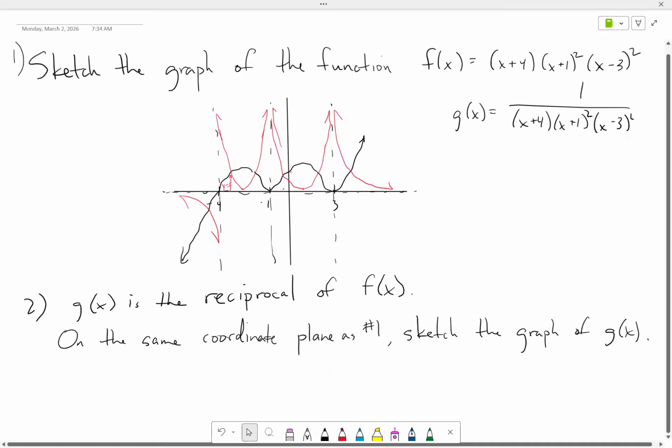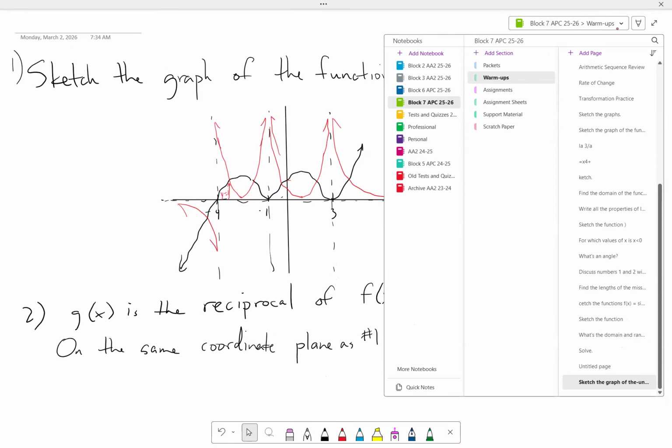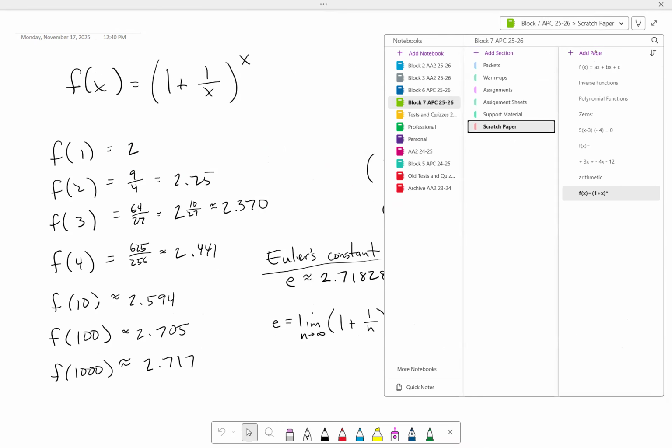Okay, we need some paper. Go into scratch paper, adding a page. What we're going to do is start with a good graph of sine of x from 0 to 2 pi, please. I think all but one of you could do that right now.